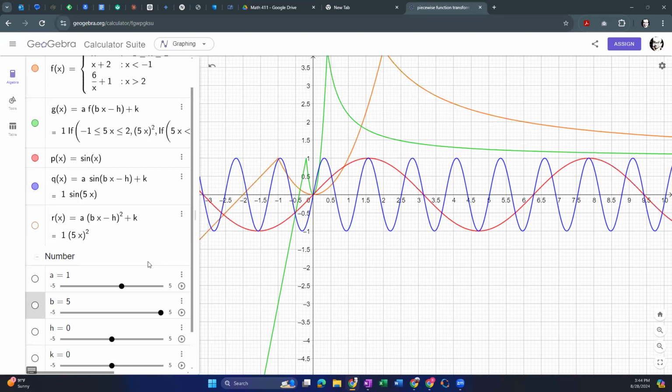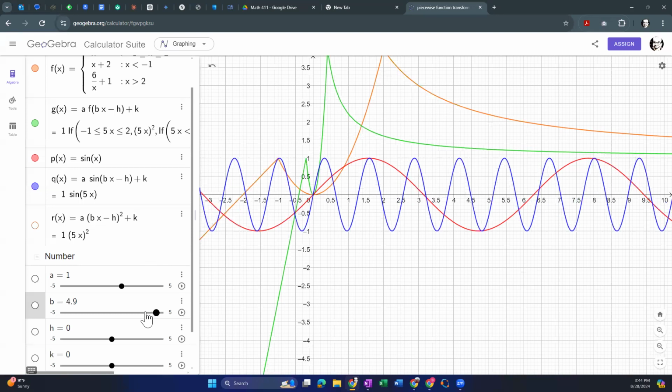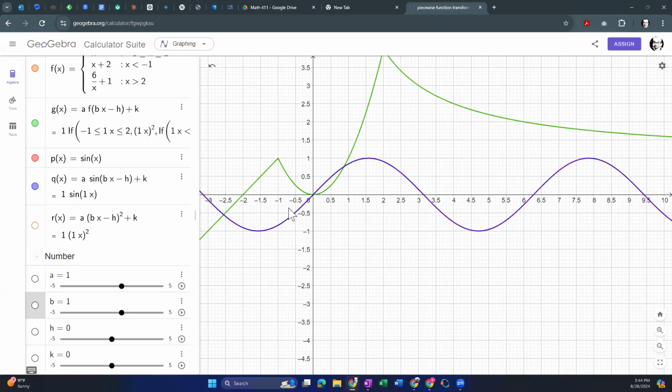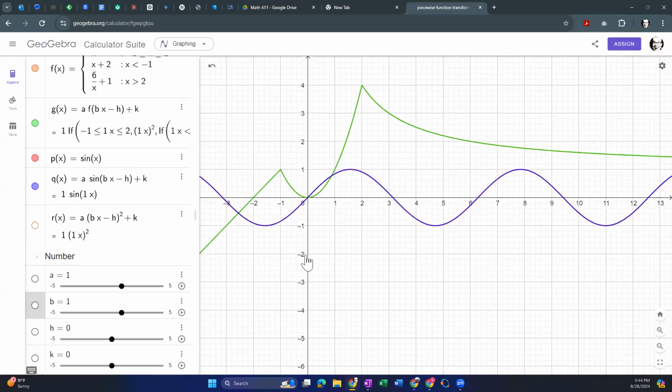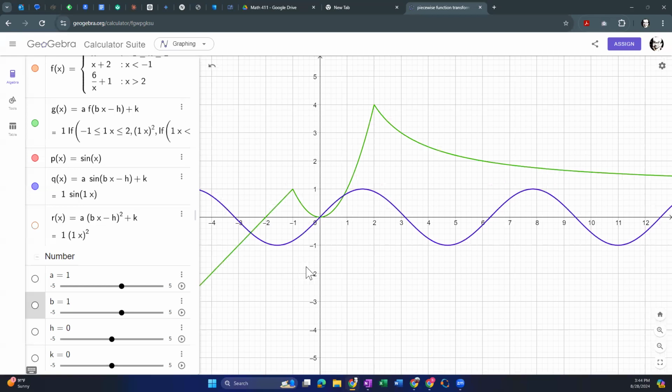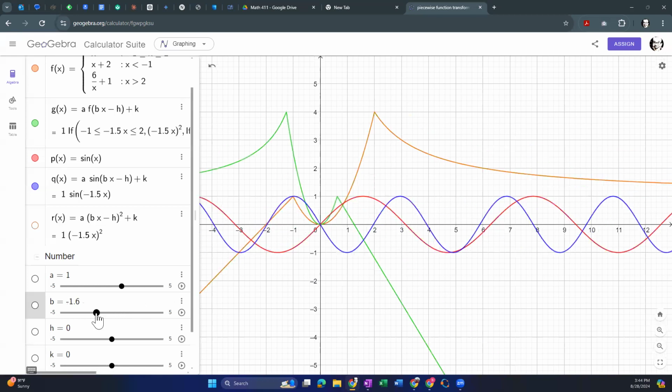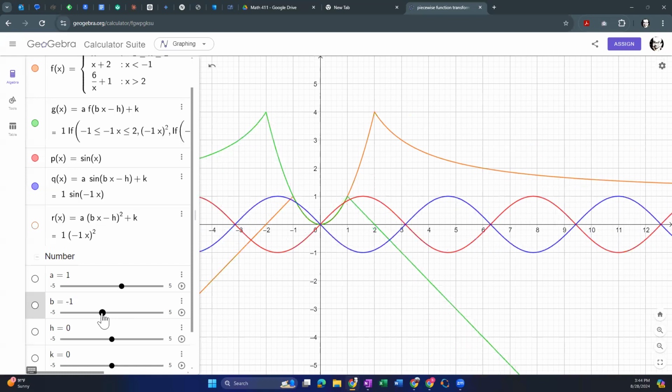The frequency is inversely proportional to this squish factor. So b is horizontal stretch and squish, and when you go negative, it is a reflection around the y-axis. I didn't make a big deal about that, but yep, reflection around the y-axis.